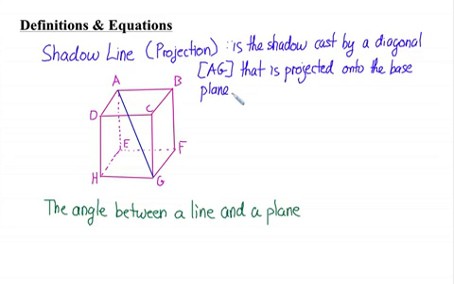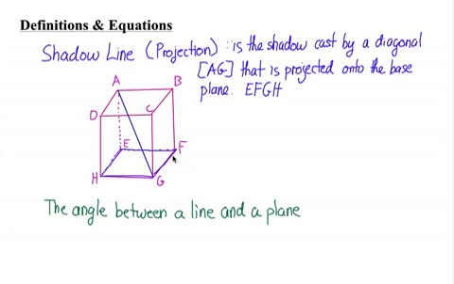And in this example, the base plane is EFGH. We don't need brackets because we're representing the plane, not a line.